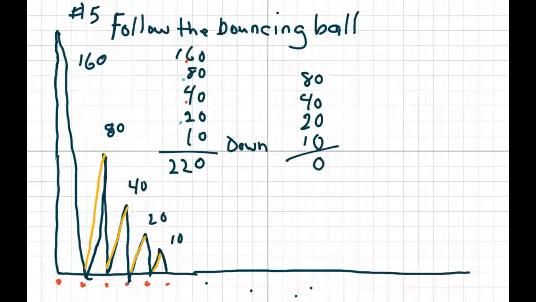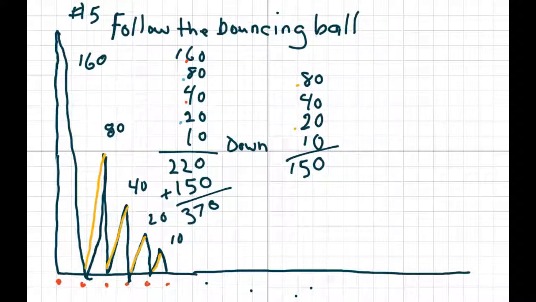We have a 0. Now here again we combine the 8 and the 2 is 10. And then we have 5 left over, so that's 15. We take and we total those two as all the bounces, and we get a total of 370 feet. The up bounces total 370 feet for number 5.